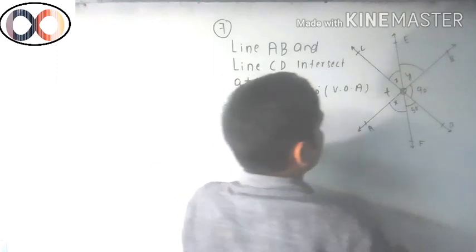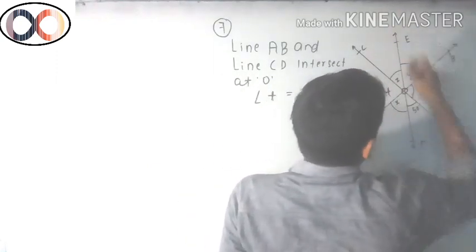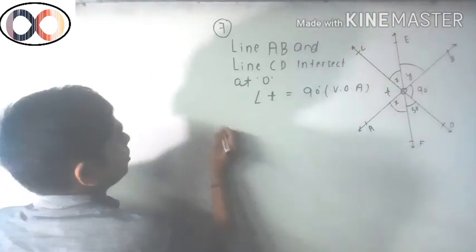Again, we can see here CD and EF are lines, so angle z equals 50.